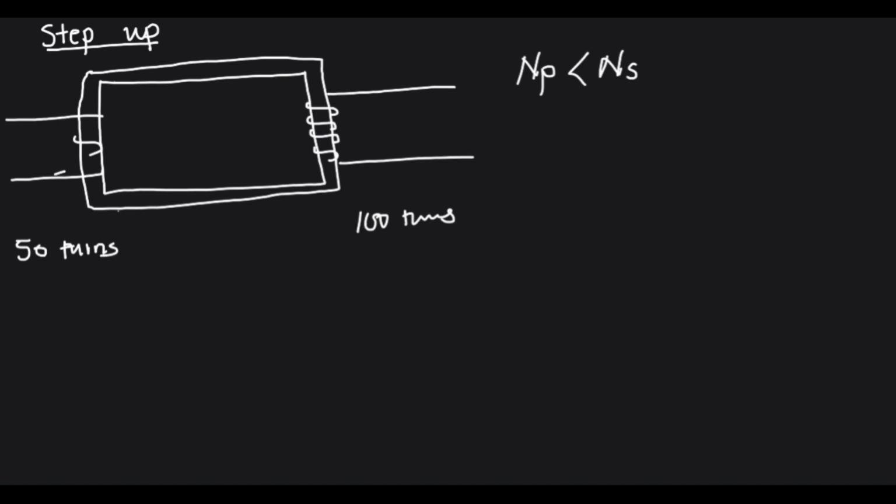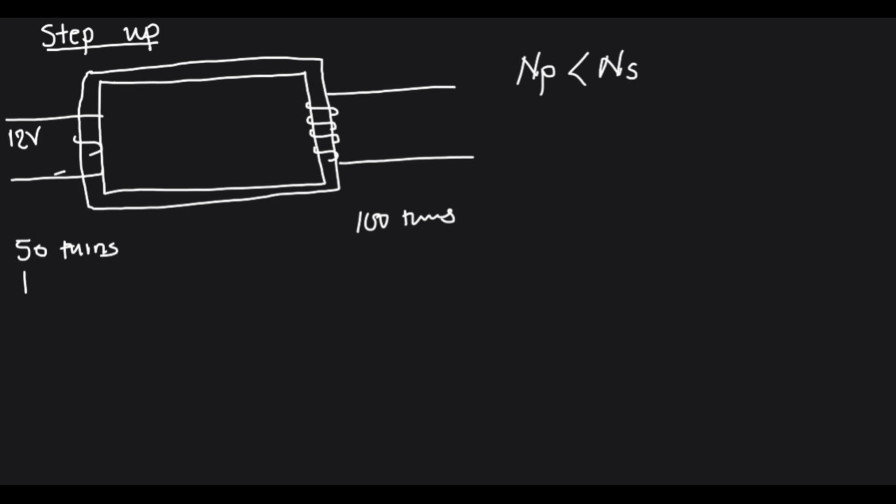Now let's look at it also in terms of voltage. For voltage, let's take it for instance that the primary voltage is 12 volts. Then if the question is to find the output voltage, the voltage on the secondary coil, remember the voltage is directly proportional to the number of turns.